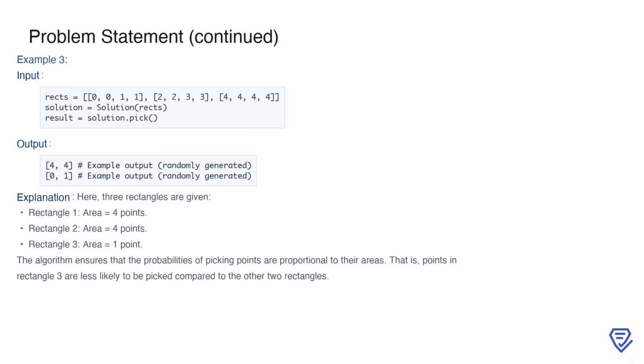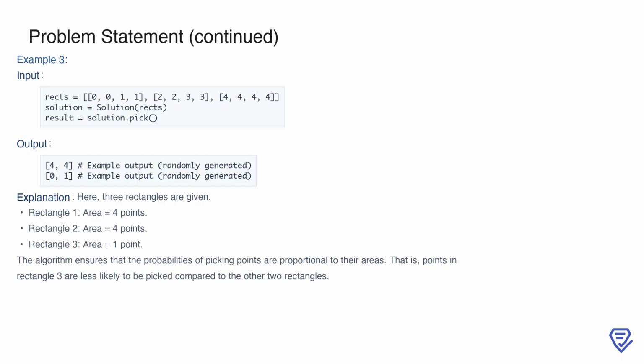In a more complex scenario with three rectangles, such as 0, 0, 1, 1, 2, 2, 3, 3, and 4, 4, 4, 4, the algorithm must handle rectangles of varying areas. The first two rectangles each have an area of 4 points, 0, 0 to 1, 1, and 2, 2 to 3, 3, while the third rectangle contains only a single point, 4, 4.